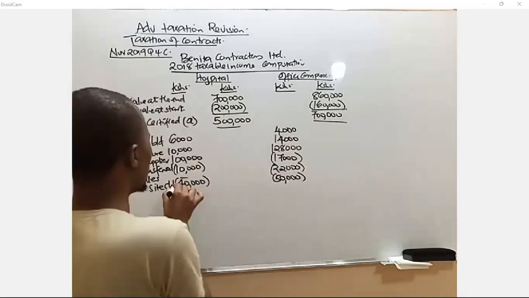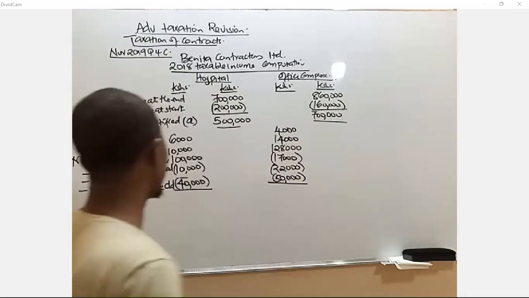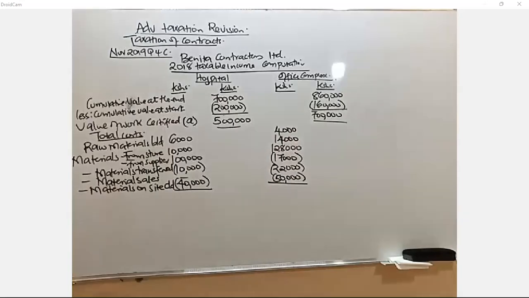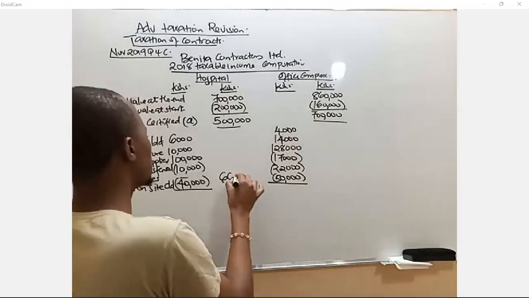So how many materials do we use during the year? How much do we use in terms of materials? In this case, I just say 116,000 minus 50,000. We are getting 66,000 here.